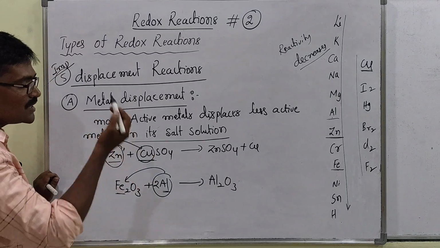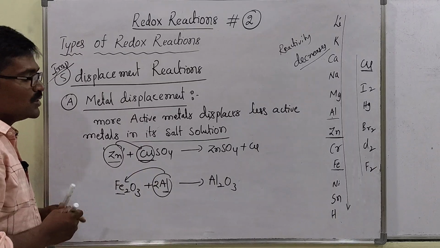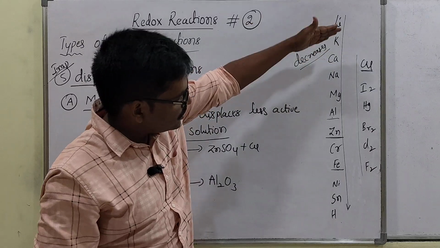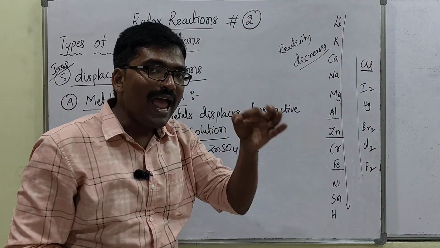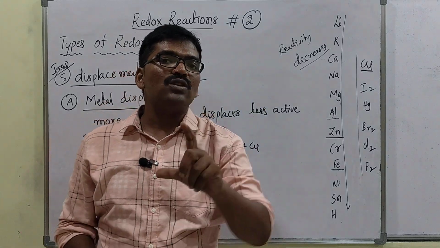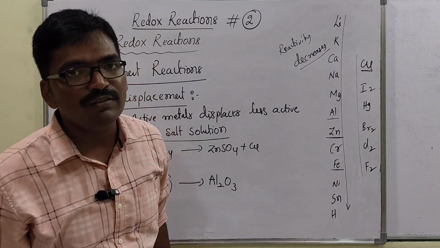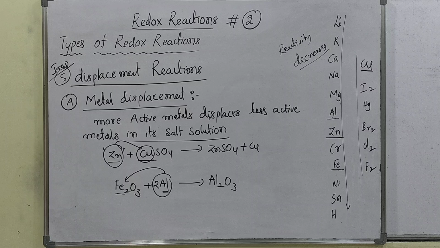We call these metal displacement reactions. Those that are higher in the series are active metals. Down the group, down the series, activity decreases. Based on the electrochemical series, we can say this. Do all of you understand? Note this reaction. Then we'll discuss non-metal displacement reactions also.